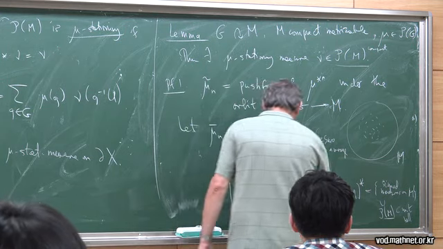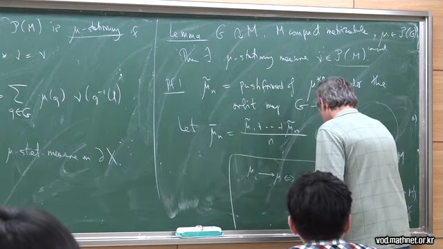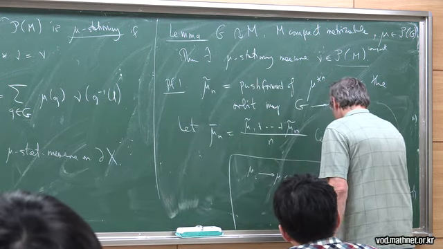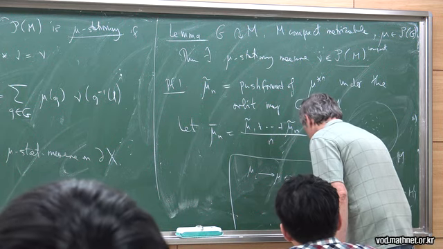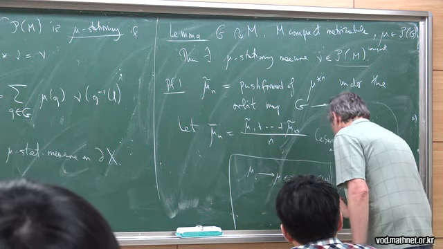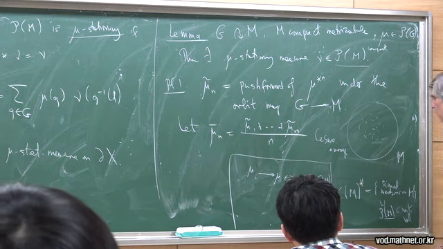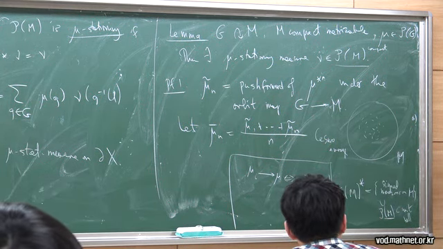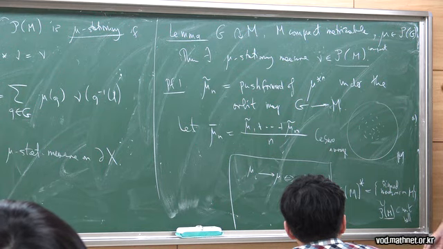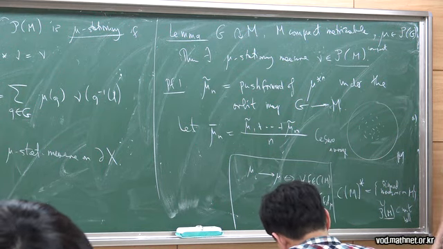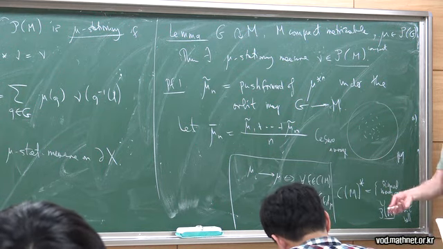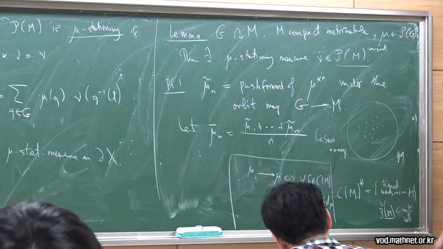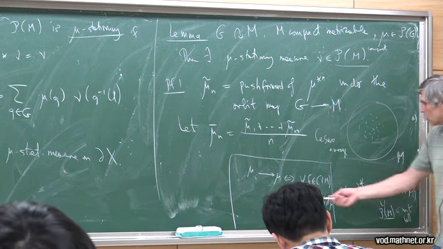If and only if for every continuous function f on M, the integral of f d mu i converges to the integral of f d mu. So the topology comes from the pre-dual. And it's a theorem in analysis that with the weak star topology, closed balls are compact. So this P of M is going to be compact.